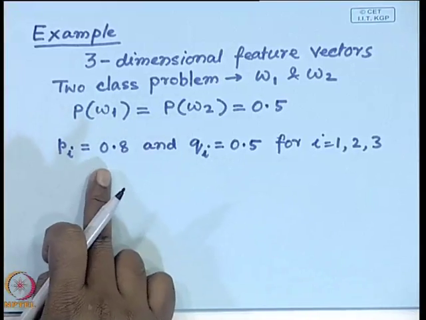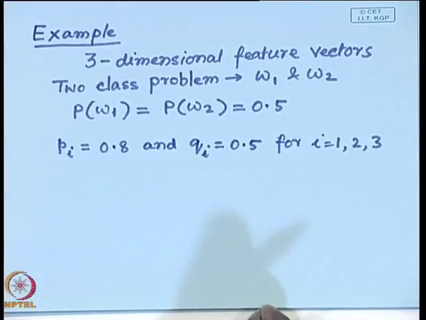So, it says that every component of the feature vector has a probability of being equal to 1 is 0.8 if the feature vector is taken from class omega 1, and every component has a probability of 0.5 of being equal to 1 if the feature vector is taken from class omega 2, right.